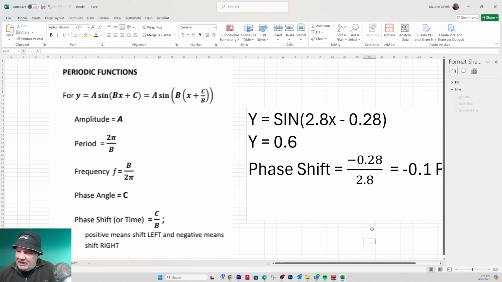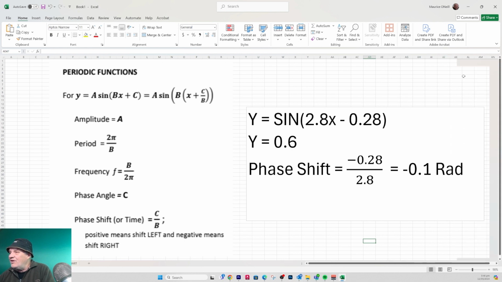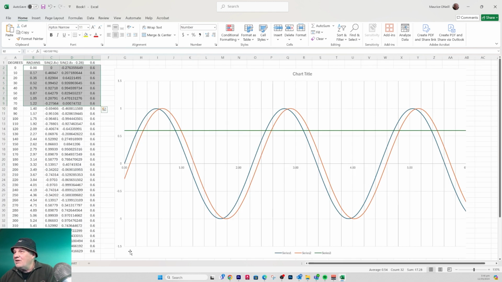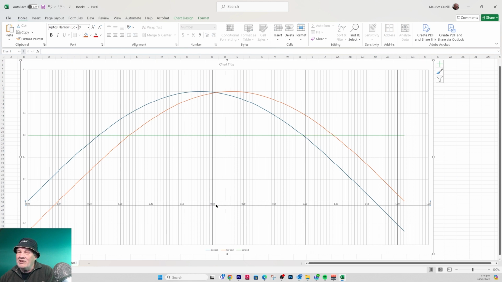I can do another video, but I didn't want to make an epic out of it, just to show you a few of these things and to focus on the clarity of the communication. So there's the graph and a few little things, and then the little bit at the end where you can see quite clearly that the phase shift is 0.1 radians to the right.